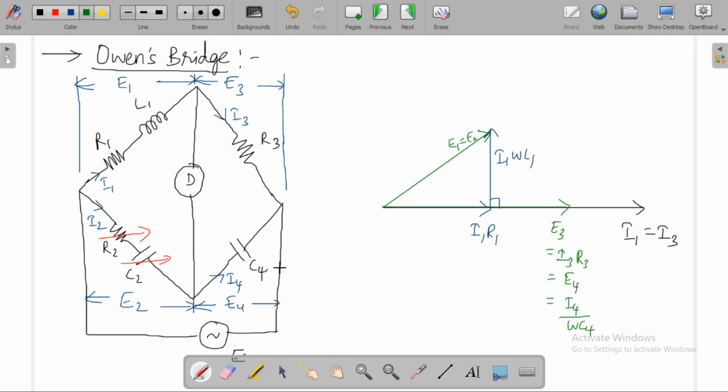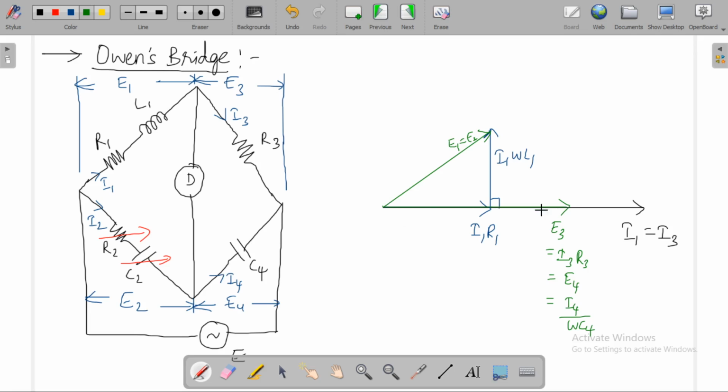Now, how can I draw this I4 or I2? I2 is the current flowing through this C4. I2 and I4 are equal. Current to the capacitor leads the voltage across the capacitor by an angle 90 degrees.